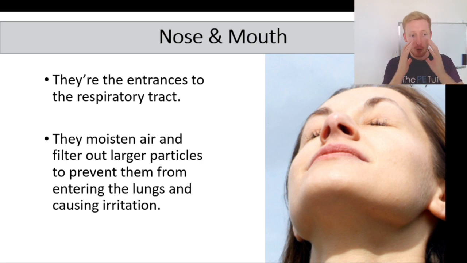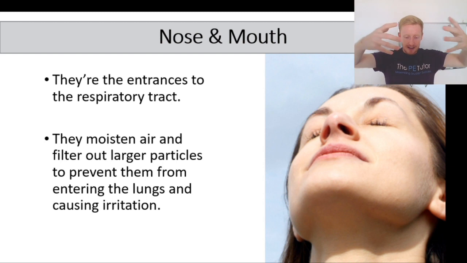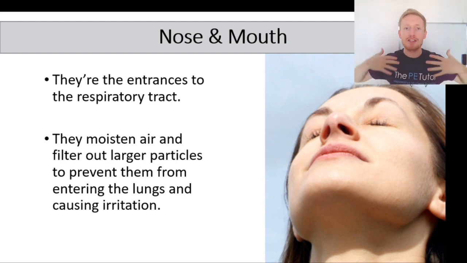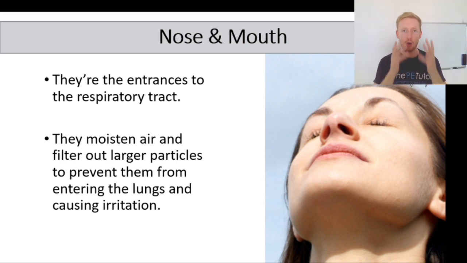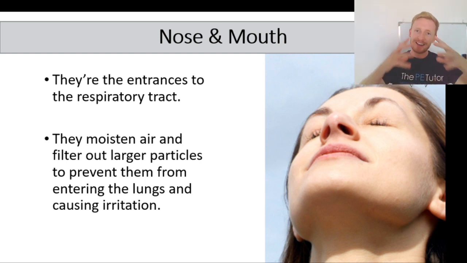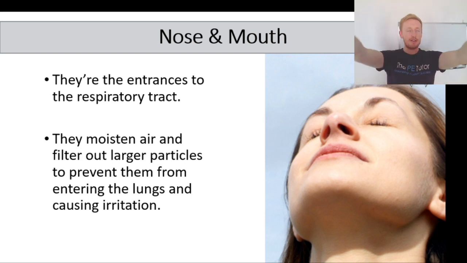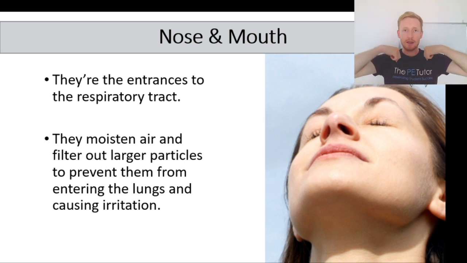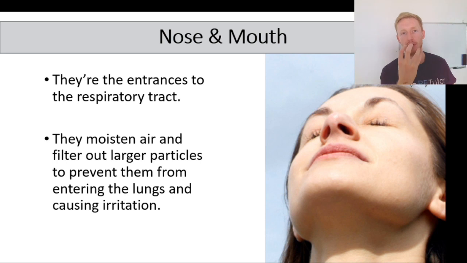Both of which are moist. They're there to help collect anything that flies in past them. If they were bone dry, or they didn't have tiny hairs inside of your nose, then anything from the air would come straight in. They wouldn't get caught by our mouth and nose, and they would get further down into our respiratory tract.